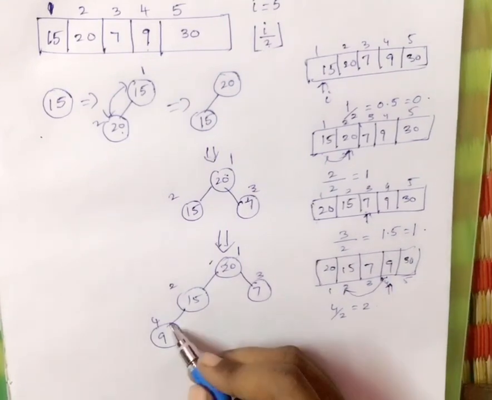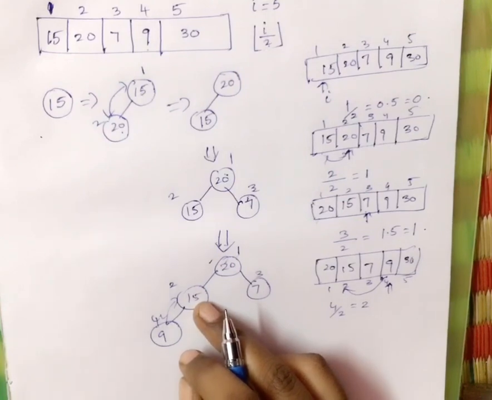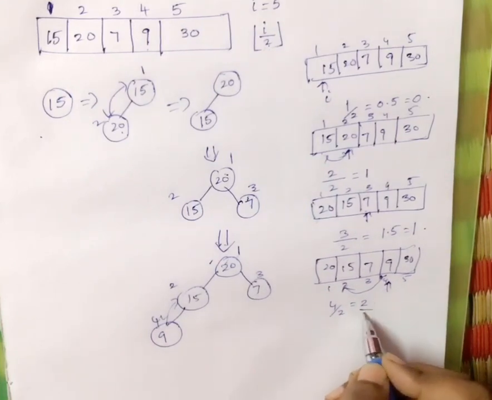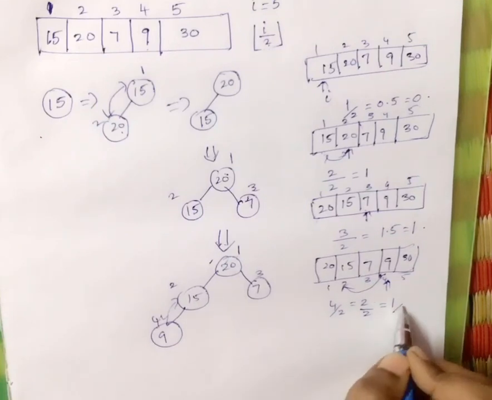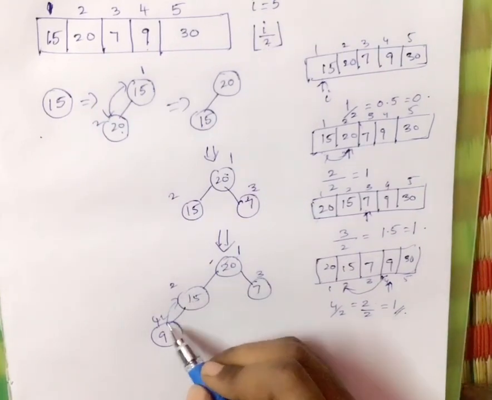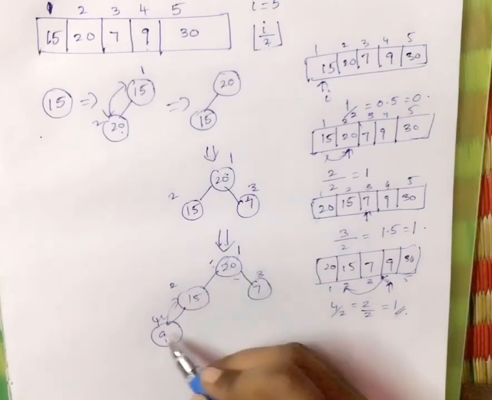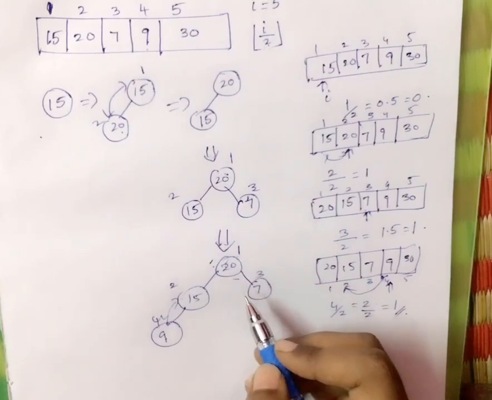This parent is greater. Again I have to check with this 2 divided by 2, which is equal to 1. Now the value is 1, so again I am checking with this 1. There are no changes because all the nodes here are smaller than this one, so no swapping is needed.